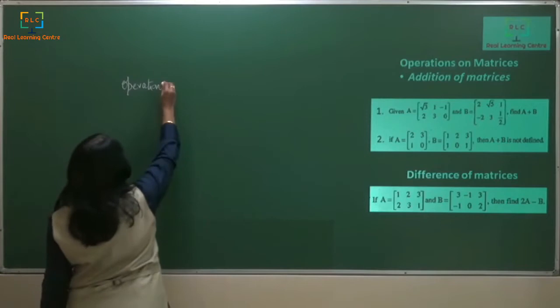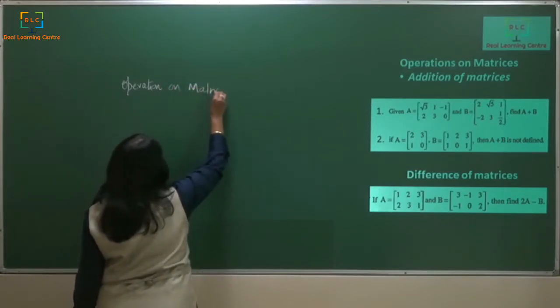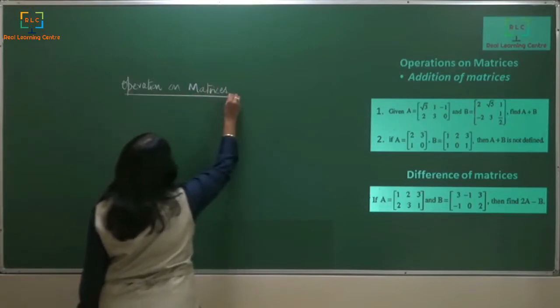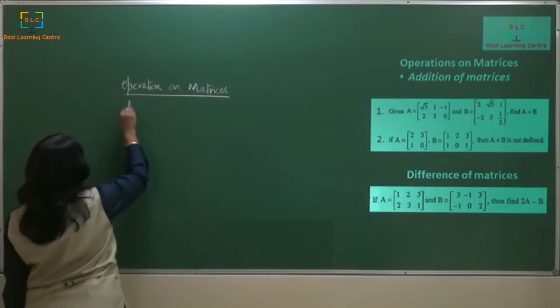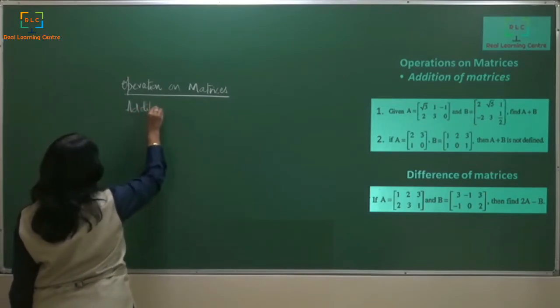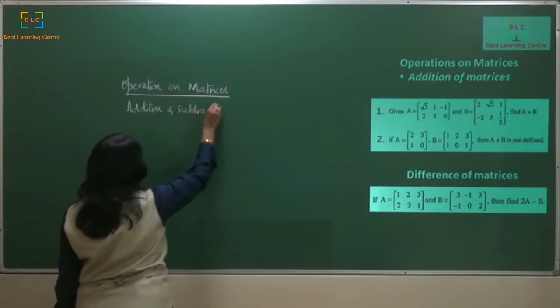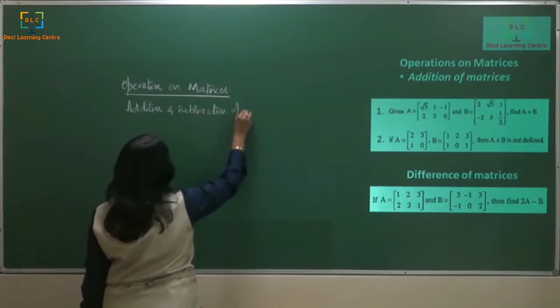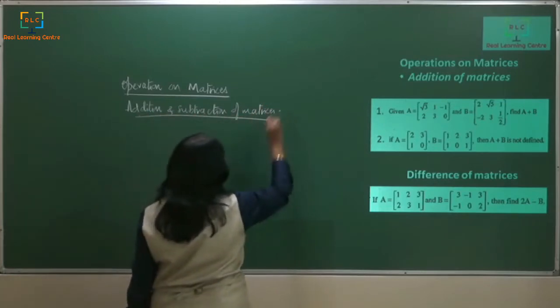So based on that, on matrices we don't have something called division, but we have the rest of the three. Now coming to addition and subtraction of matrices, directly I'll tell you addition and subtraction together, because there is no difference at all between these two operations for us when we do.